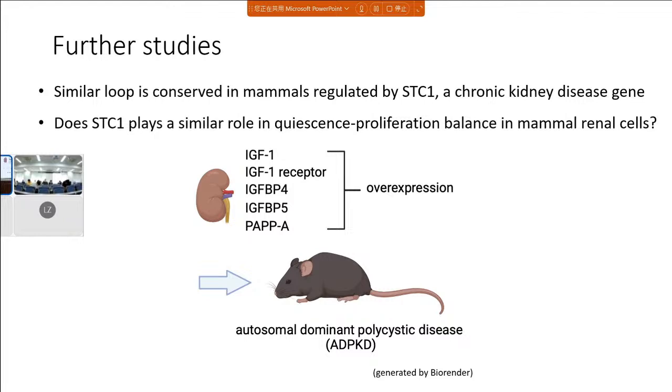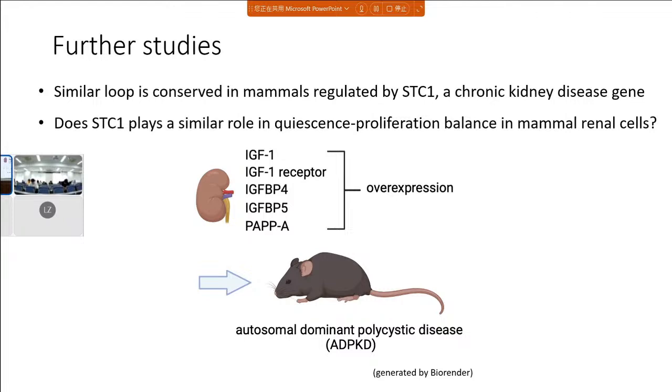So in this model we show on the screen, when there's overexpression of those components, it will lead to a kidney disease in mice.